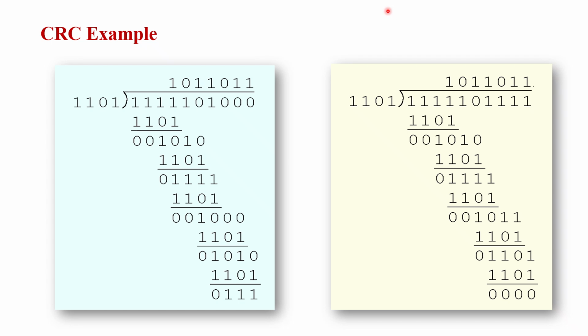When the receiver gets this code word, it divides the entire sequence by the same divisor 1101. If the remainder is 0, it confirms that the data is error-free. If not, it means an error occurred during transmission. This example clearly shows how CRC ensures data integrity using simple binary division.